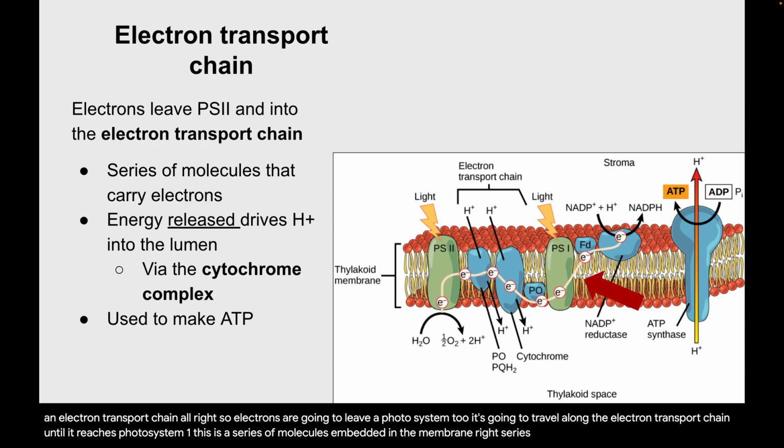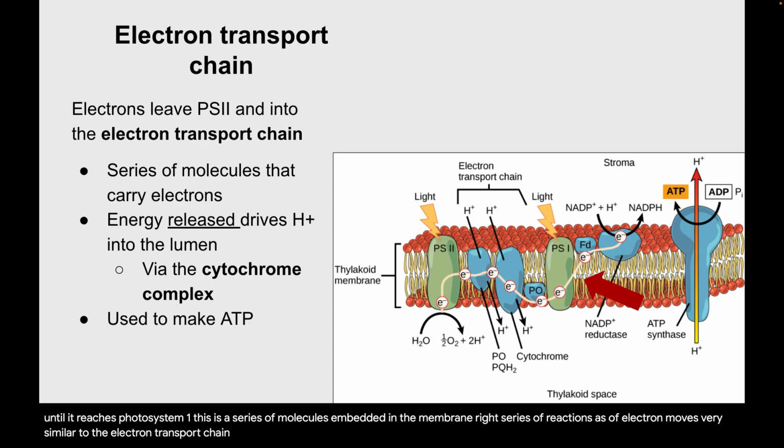As this electron moves, very similar to the electron transport chain in cellular respiration, it provides energy by which hydrogen ions are transported across the membrane, building up a gradient. And this gradient will ultimately be used to make ATP.